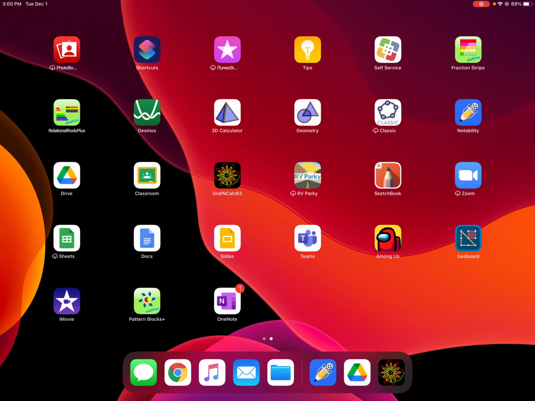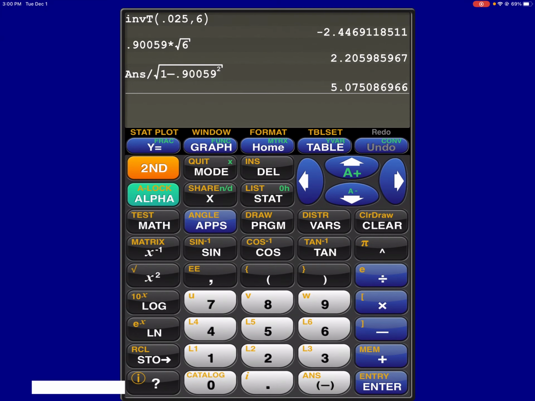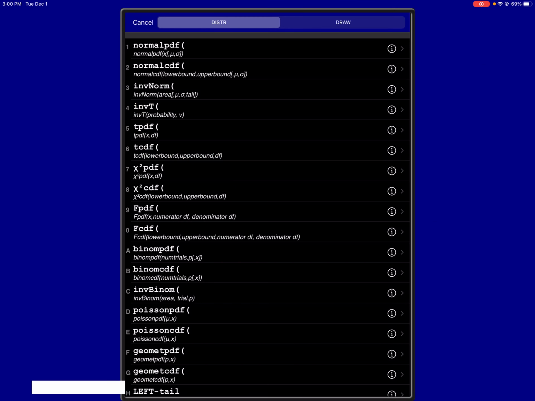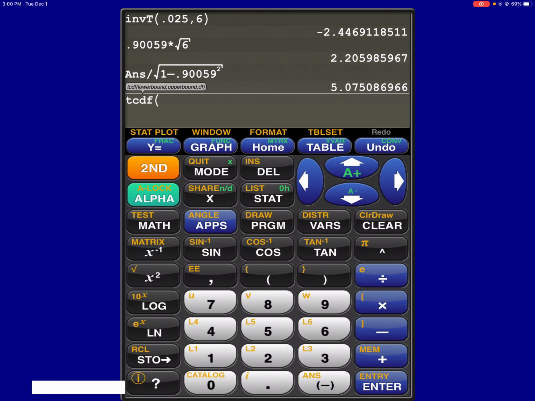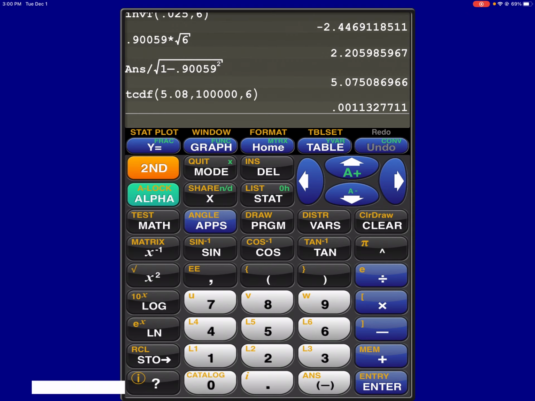If you want, you can do it all in one step. Whether you do the 2 times first or afterwards, it doesn't matter. Second vars, tcdf was number 6. So we had 5.08, comma, 100,000, comma, our degrees of freedom, which was 6.